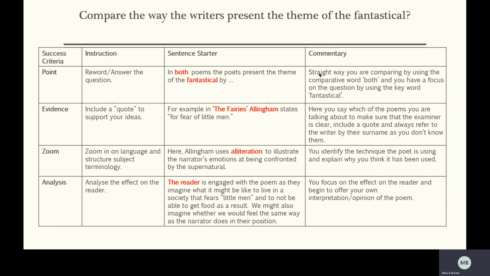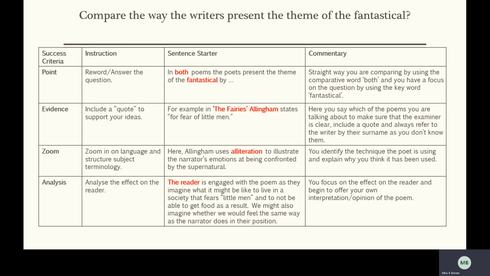My commentary here is me telling you what's good about this. Straight away, you are comparing using the word both. You would get a tick and a mark for that because you're starting to compare both these poems. By using the keyword fantastical, that's what the question is asking you about, the main theme we are talking about.